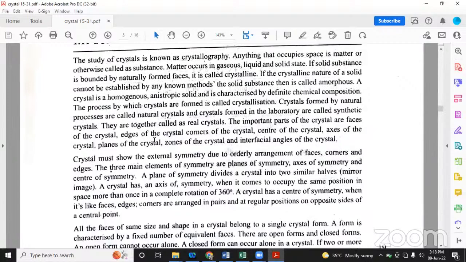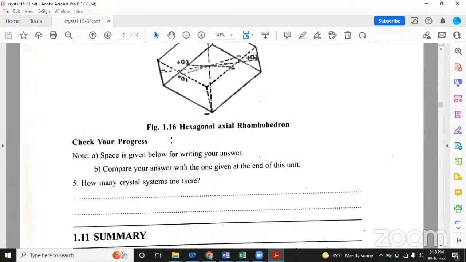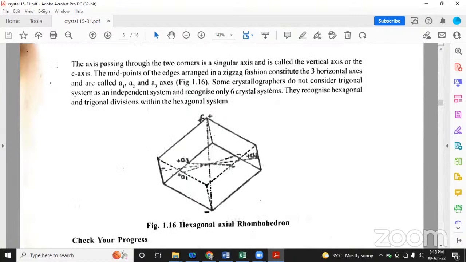When you see the highest degree of symmetry in a crystal, we can call it a normal class or holohedral class. There are different classes designated as hemihedral, hemimorphic, enantiomorphic, or tetartohedral classes.